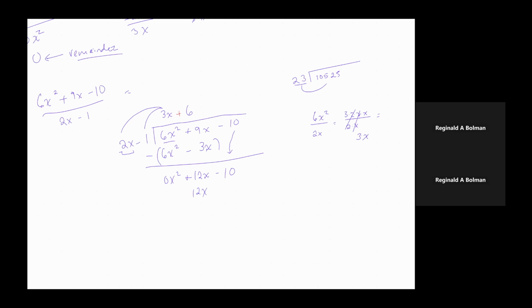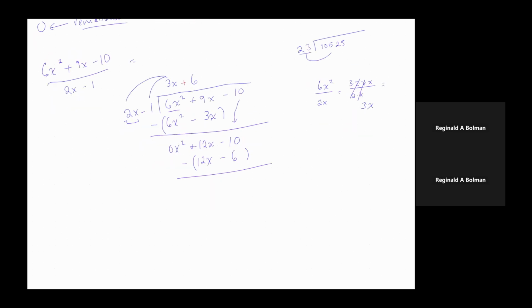And then you'll have to multiply the 6 with the negative 1, so that gives you negative 6. And of course, you subtract. So 12x minus 12x gives you 0x. And negative 10 plus 6 gives us a negative 4. You just have to remember, negative and negative is a positive.